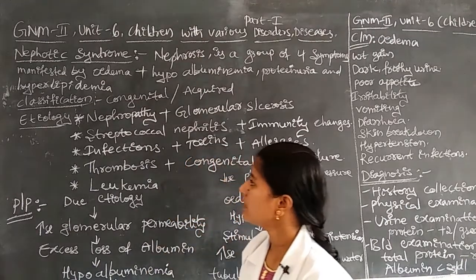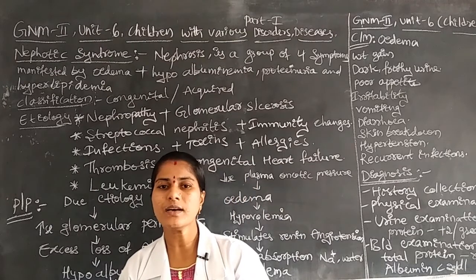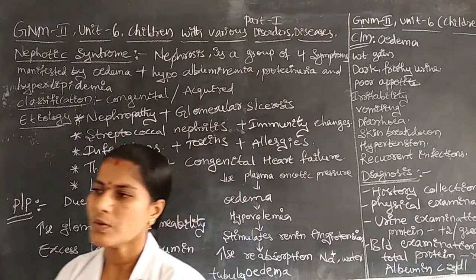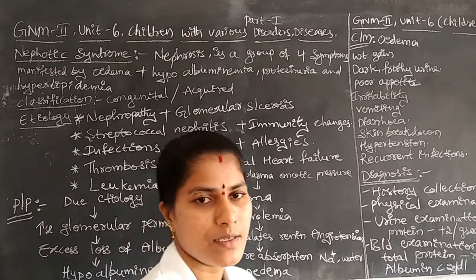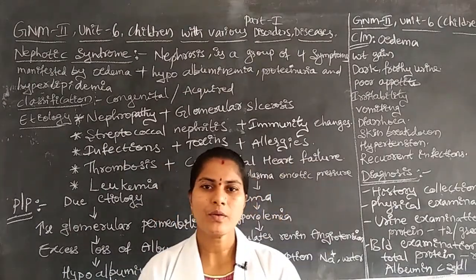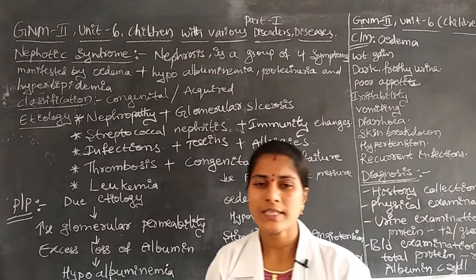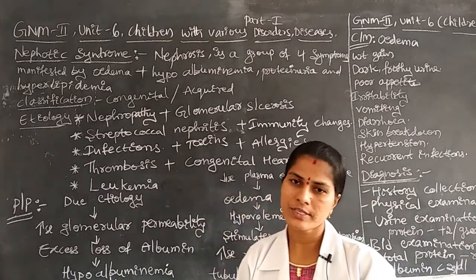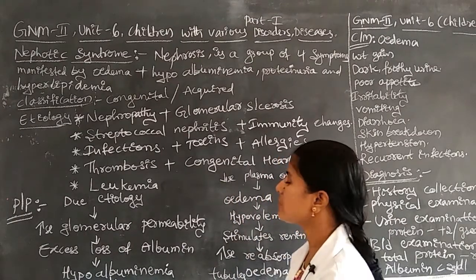Next we are going to discuss the etiological factors for nephrotic syndrome. Mainly, one is nephropathy: who are suffering with some type of nephropathy may be affected by nephrotic syndrome. Another etiological factor is glomerular sclerosis.